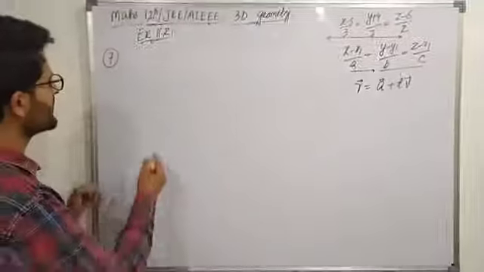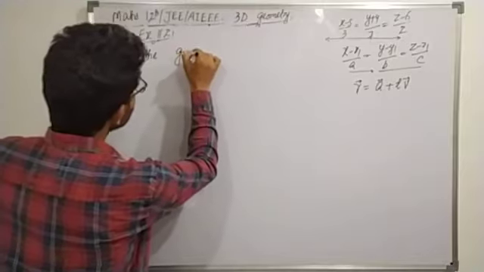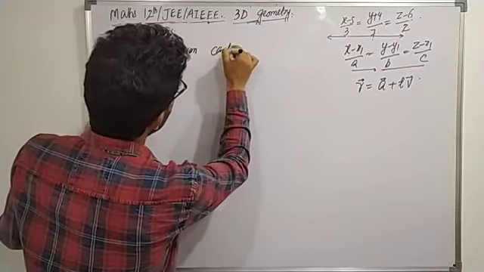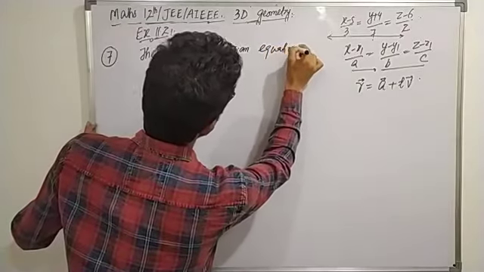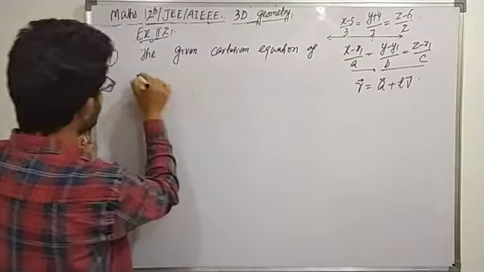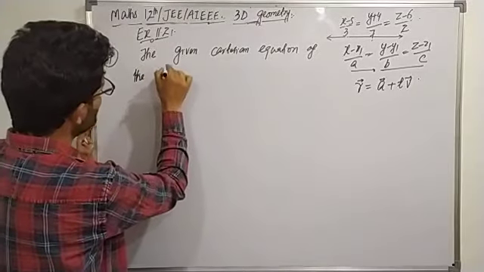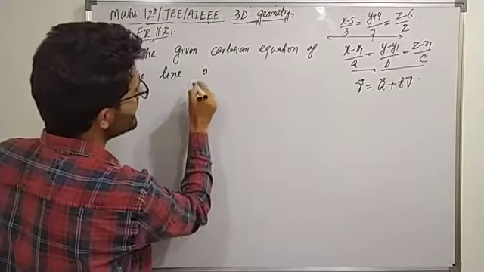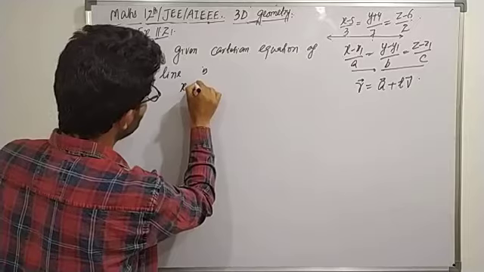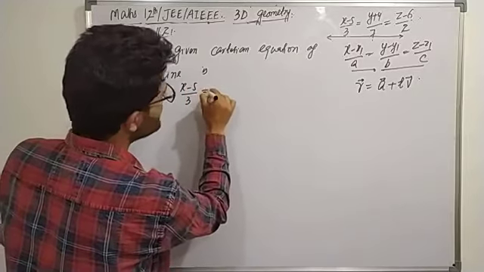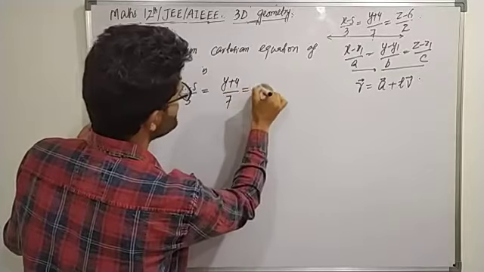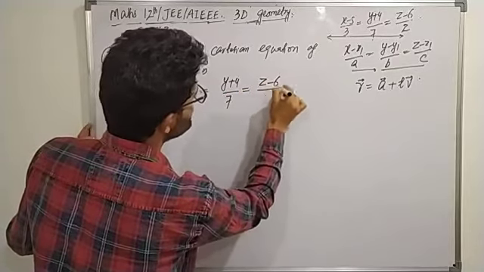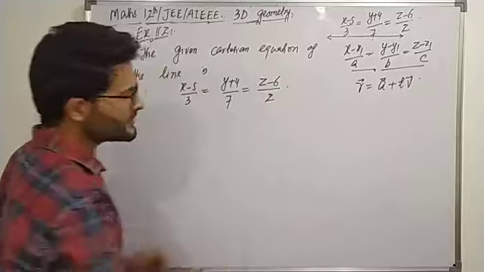So here we will mention the given Cartesian equation of the line is x minus 5 divided by 3, and that's equal to y plus 4 divided by 7, which is equal to z minus 6 divided by 2, right?